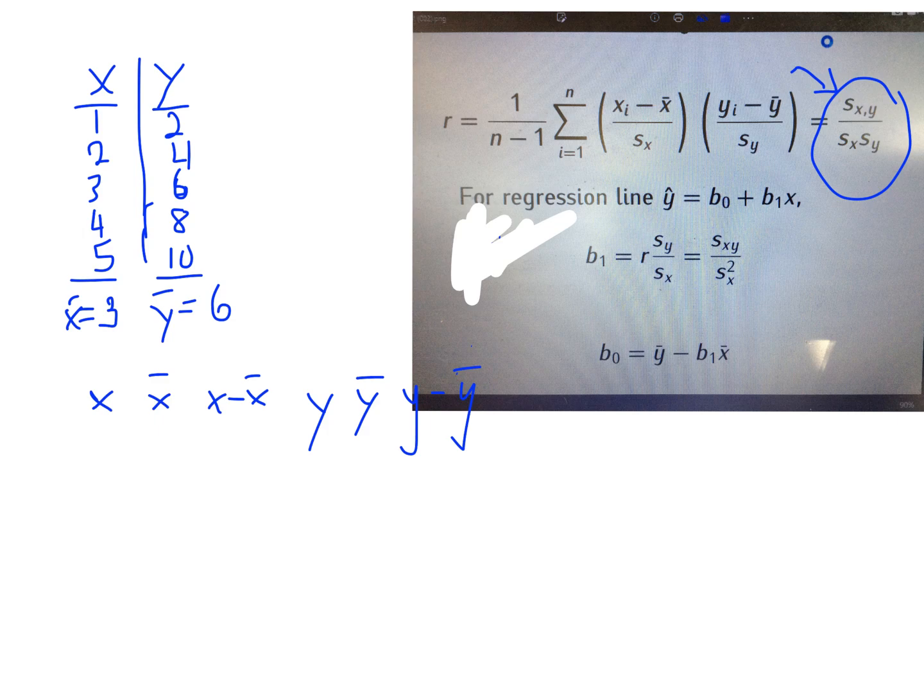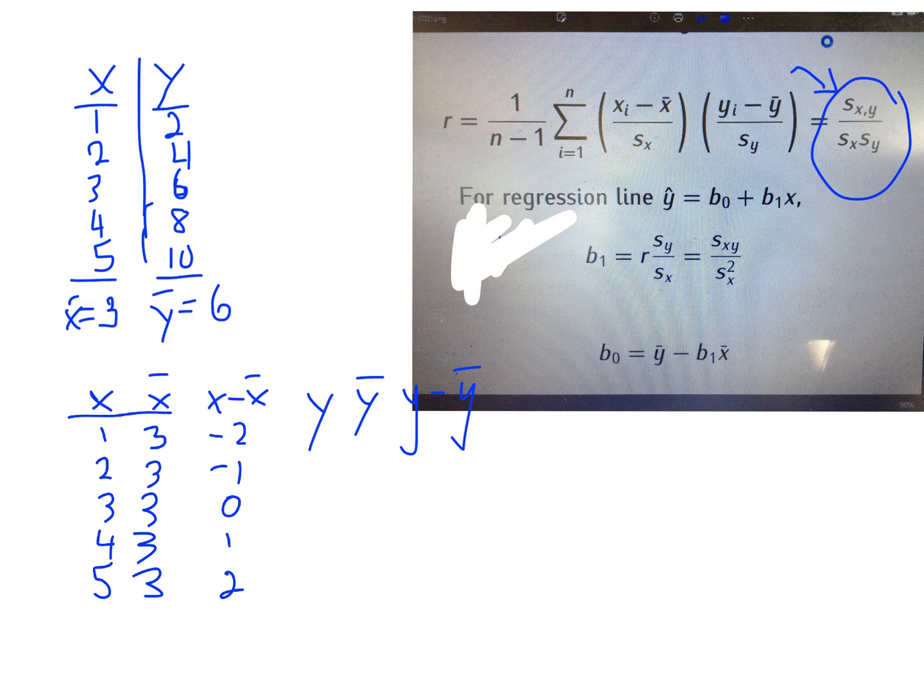Okay. All right. And so if I write my numbers 1, 2, 3, 4, and 5, and my X bar is 3, 3, 3, 3, 3, then the difference between those numbers is negative 2, negative 1, 0, 1, and 2.